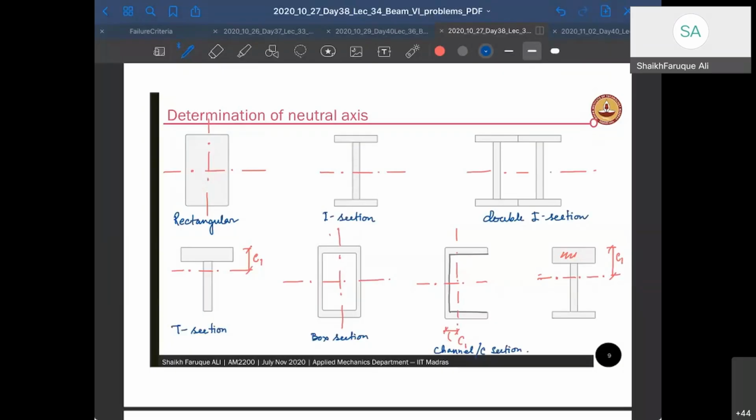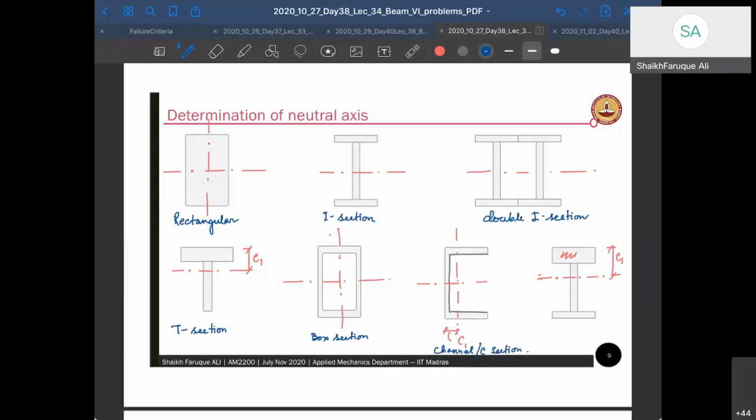Now, why are these kinds of sections used? Indian codes give you a design guideline, where you have a design book in which these sections are given with their properties. When you look into engineering, we don't make all kinds of dimensions for member sections.